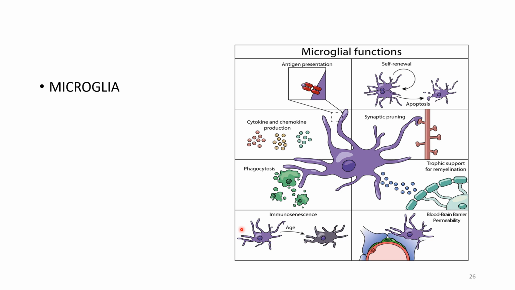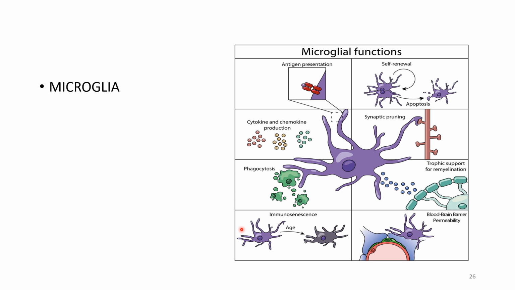Whereas in the macroglia, the oligodendrocyte forms the myelin sheath, and astrocytes perform some activities. They will regulate synaptic activity, regulate the metabolism of neurotransmitters, and also maintain the blood brain barrier.